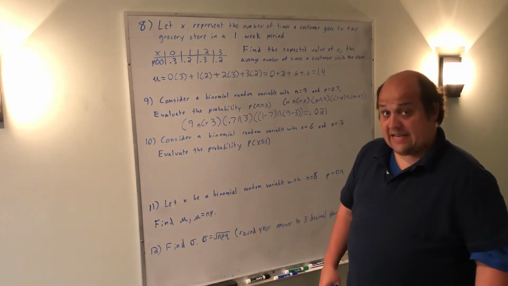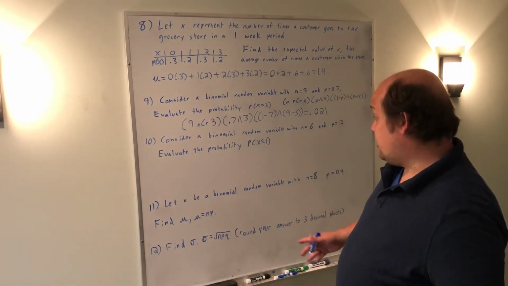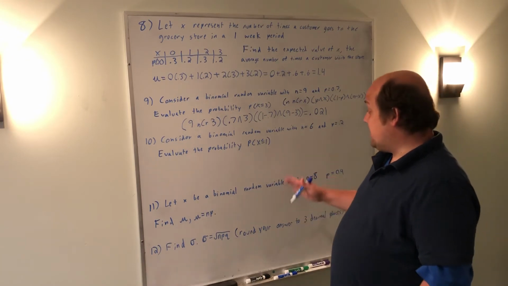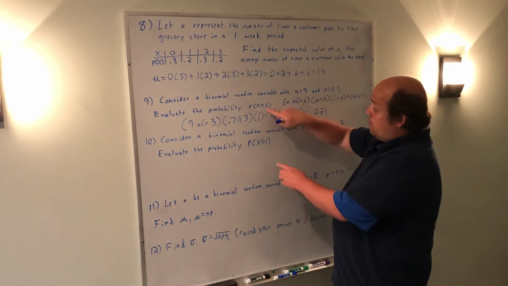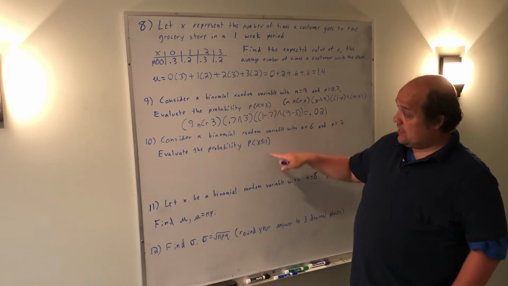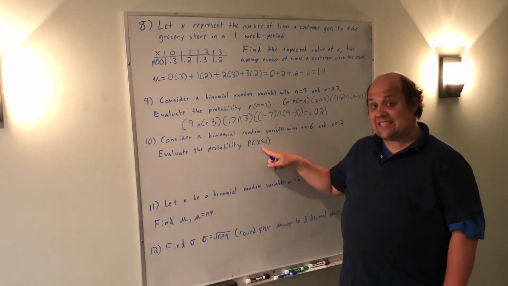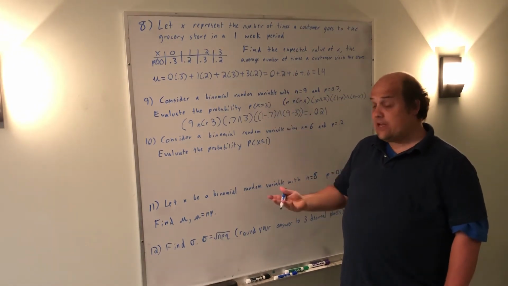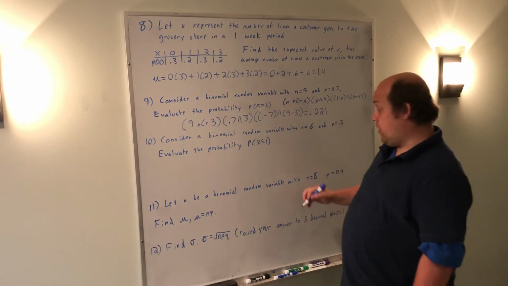For number 10, it's a little trickier. The reason it's trickier is because even though they give me the same general information, in number 9, it gave me an equal sign. In number 10, it gave me less than or equal to. I need to consider what's included in less than or equal to.